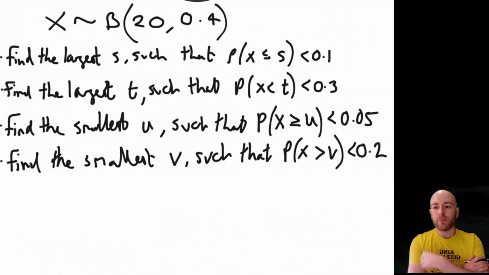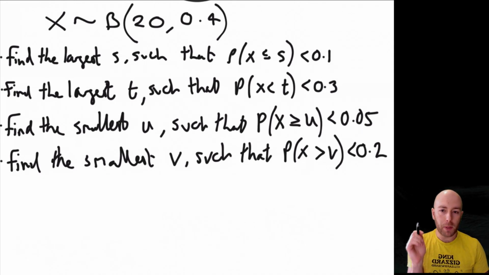Okay, so first one. Find the largest s such that the probability x is less than or equal to s is less than 0.1. What that tells me is that the probability of being less than s is very small, so there's not much chance that you're going to be less than this. So s must be on the left-hand side of our distribution.